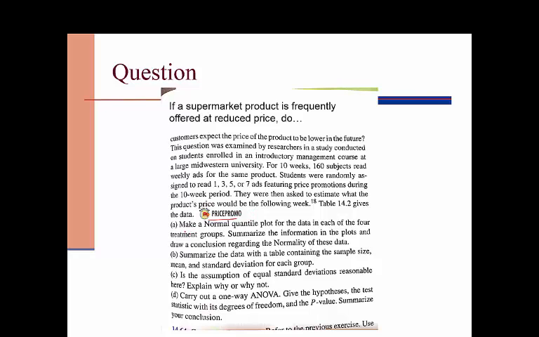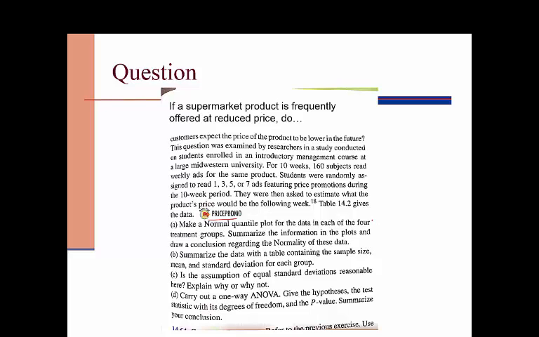So it wants us to test. It says make a normal quantile plot for the data and show that the 4 treatments are normally distributed. In fact, we won't have to do that. We can show all 4 of them are normally distributed through one plot, and we'll look at that.